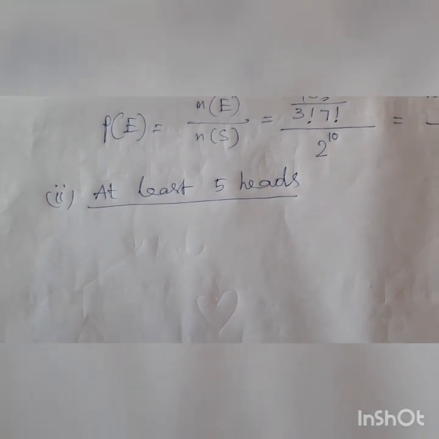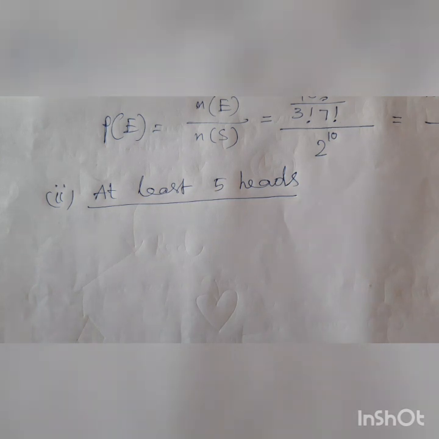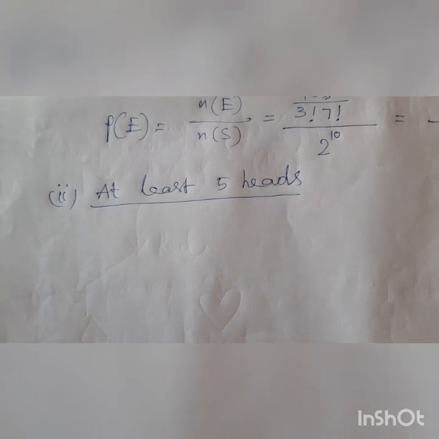At least 5 heads means, if you toss 10 coins, suppose 10 kids have each tossed a coin and all have fallen on the ground. Turning up at least 5 heads is our favorable event. What is our favorable event? At least 5 heads. It means 5 heads, 6 heads, 7 heads, 8 heads, 9 heads, 10 heads.